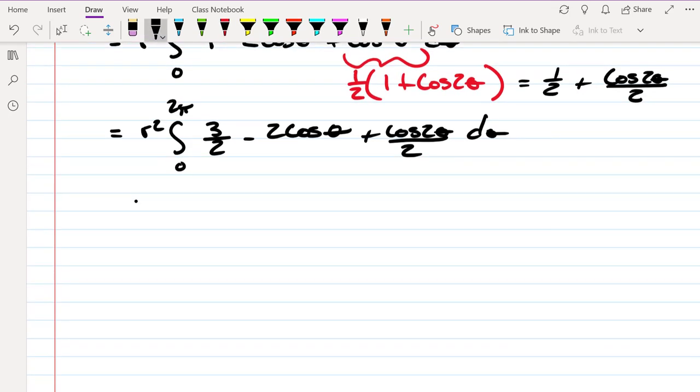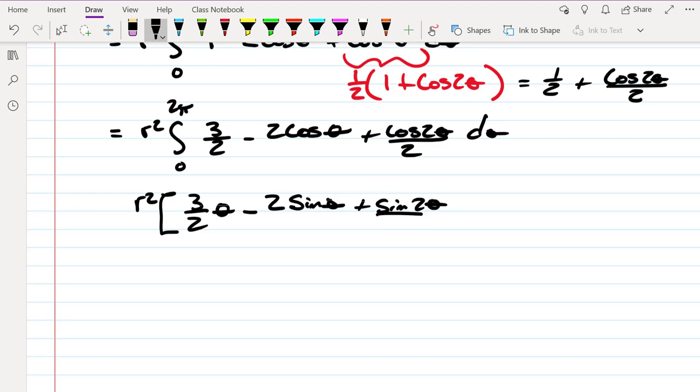So now finally, taking the antiderivative, we get 3 over 2 theta. The antiderivative of cosine is sine, so still negative 2 sine theta. And then the antiderivative of cosine 2 theta, using the chain rule backwards, we have to divide by another factor of 2, which will give us sine 2 theta over 4. And then we need to evaluate that from 0 to 2 pi.